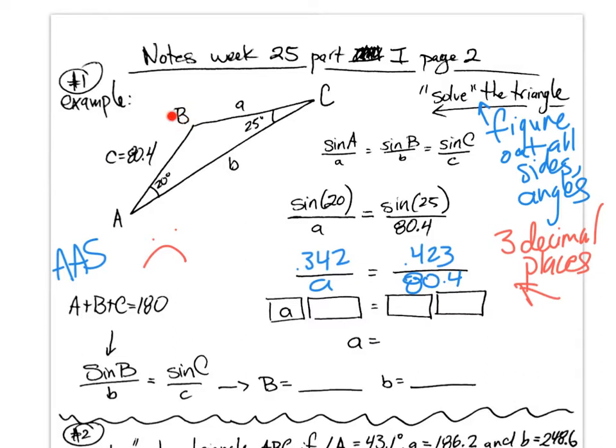We still need to solve for angle B and side B. So we can write out the equation again, where I said sine of angle B over side B equals sine of angle C over side C. And you could have here, instead of using this information, you could have used this information, because we now know both of those. It'll give you the same thing.